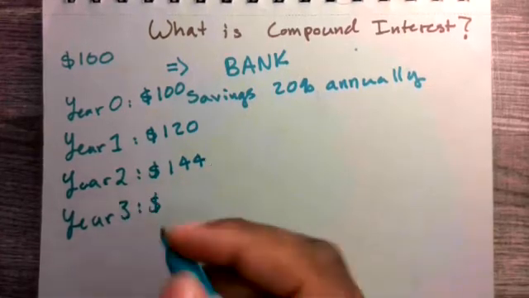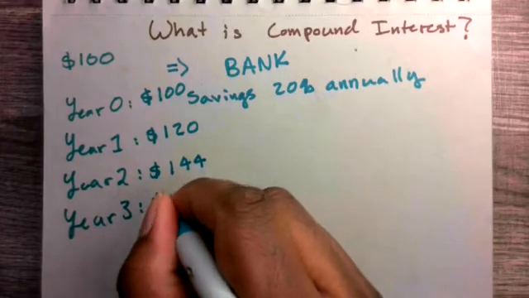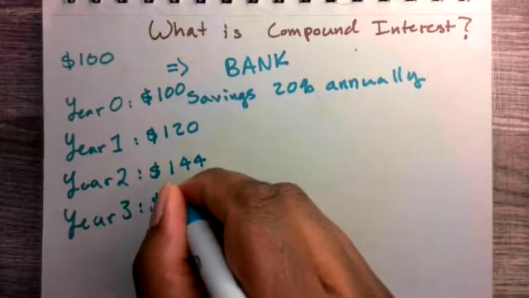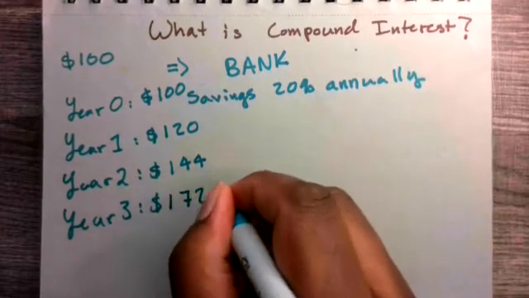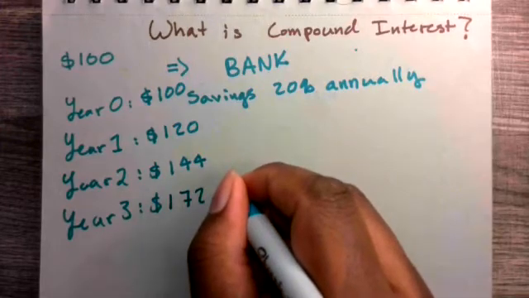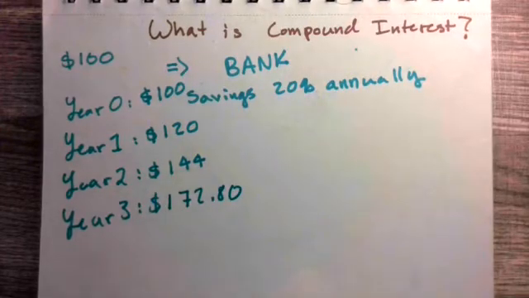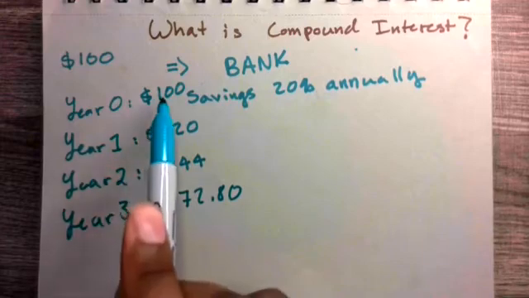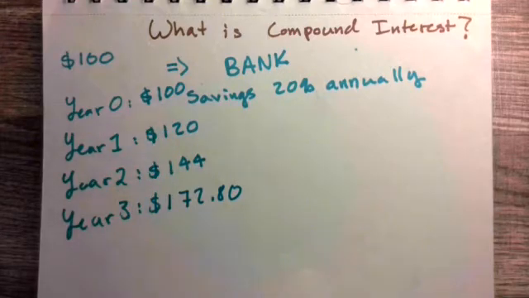So you add that to this, and now all of a sudden I've got $172.80. Notice in 3 years, I've almost completely doubled. And next year, indeed, I will have pretty much doubled my initial investment.